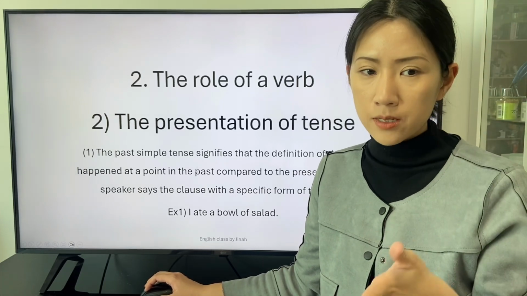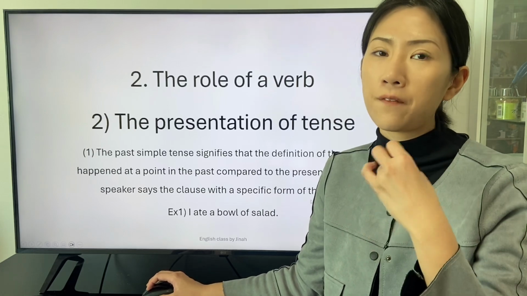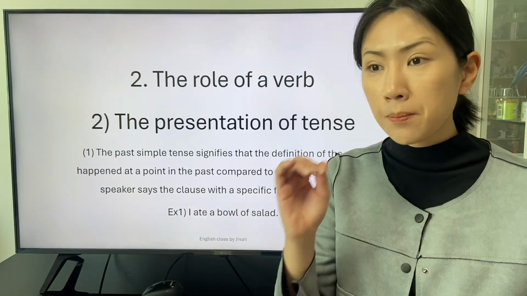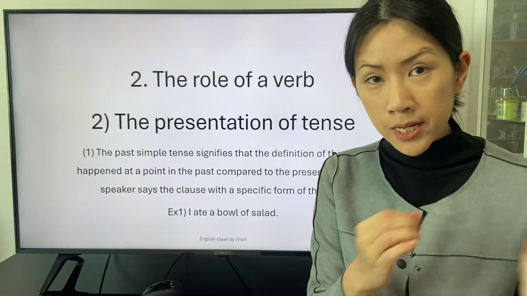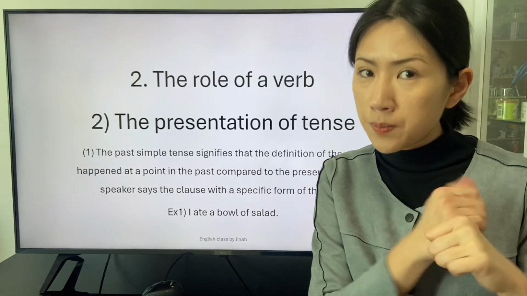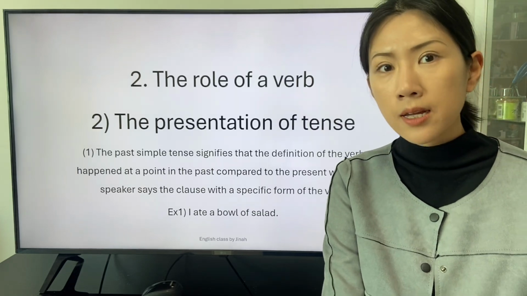compared to the present, when the speaker says a clause with a specific form of the verb. The past simple tense means the speaker deals with an experience, a condition, or an action that happened.